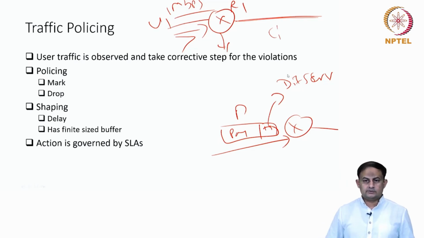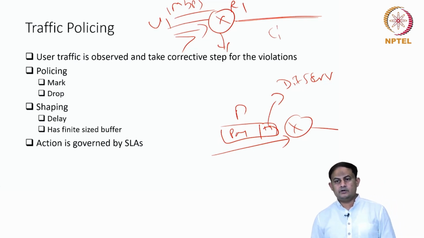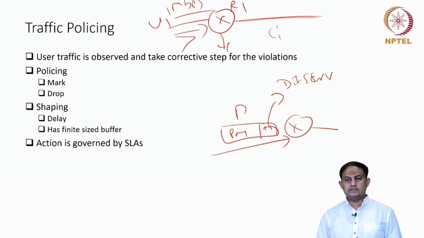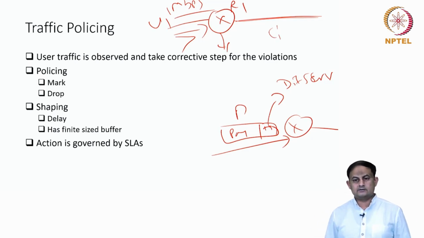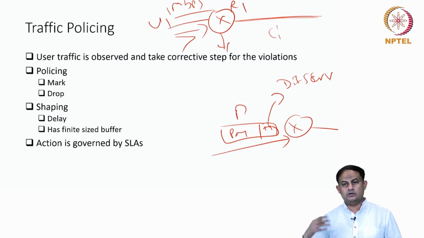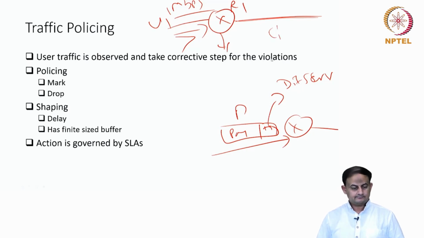So, these two things, be it the policing or the shaping, are governed by something called SLAs, which we discussed earlier as well. SLAs govern which packets, how much, when to mark, what to mark, when to drop, when to delete. Those decisions are governed by these SLAs.